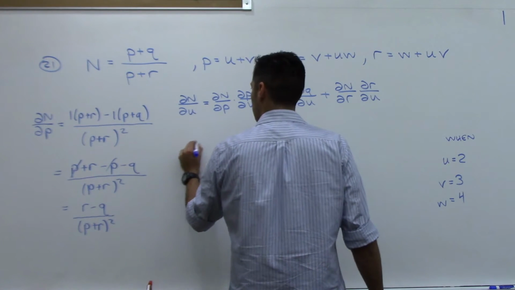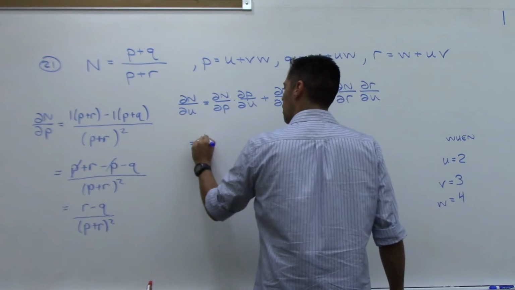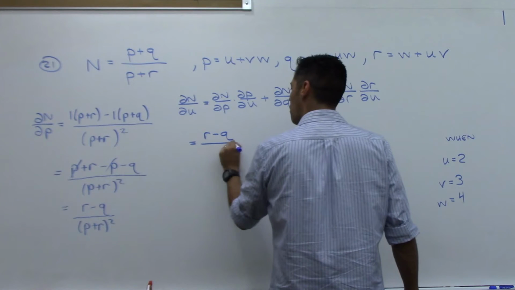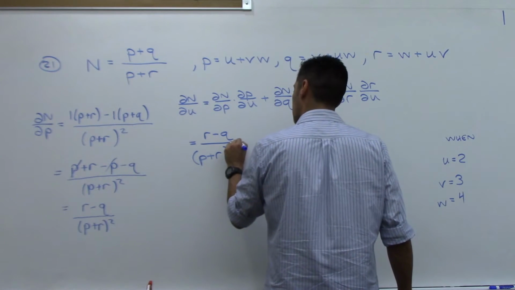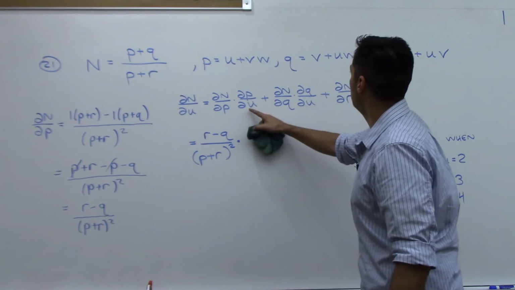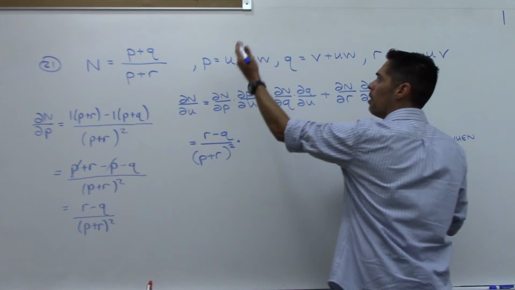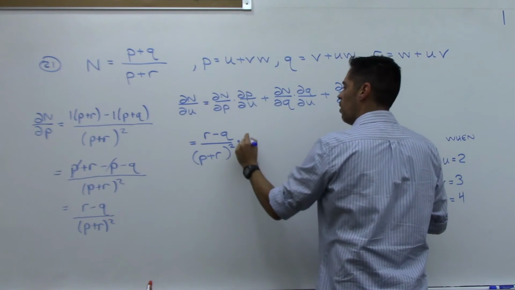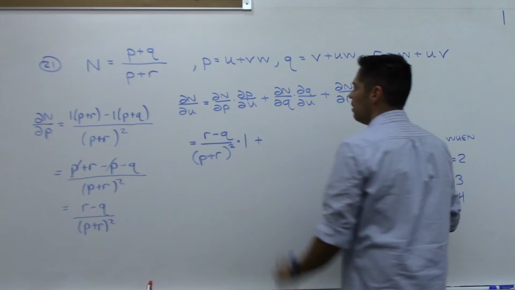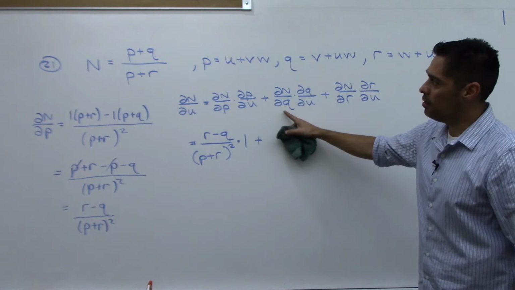So this is equal to just that, that's all we've done. R minus Q over P plus R squared times partial of P with respect to U. Partial of this with respect to U, thank goodness that's a constant, gone, that's just 1. Plus partial of N with respect to Q.